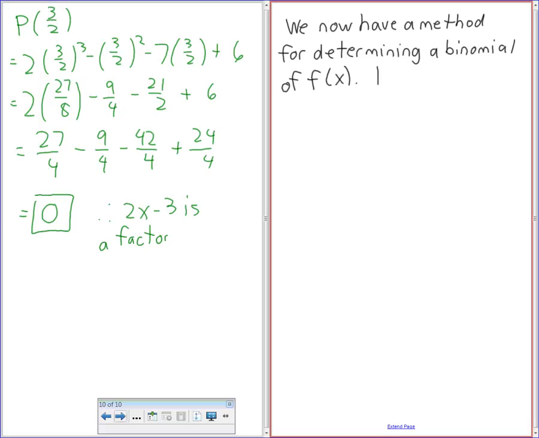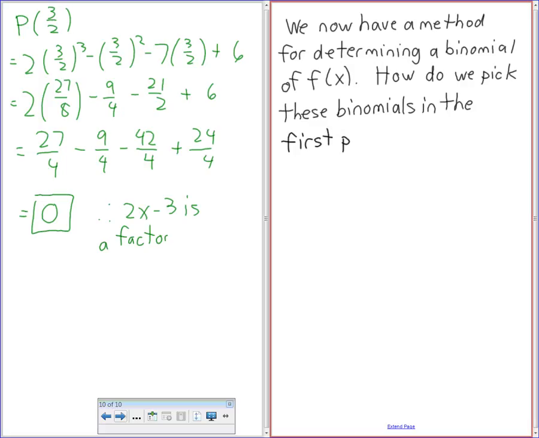So to answer Raleigh's question, how do we pick these binomials in the first place? There's the rational zero test, is how you do it.